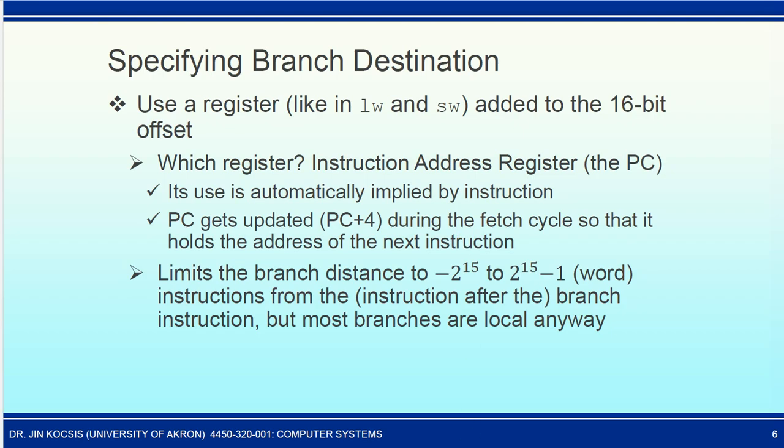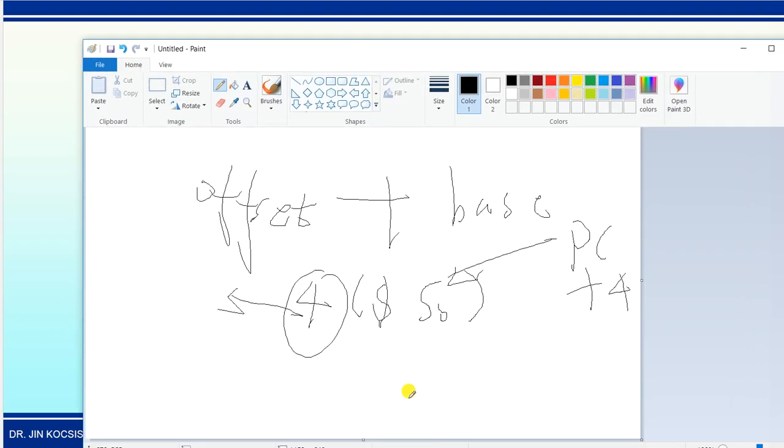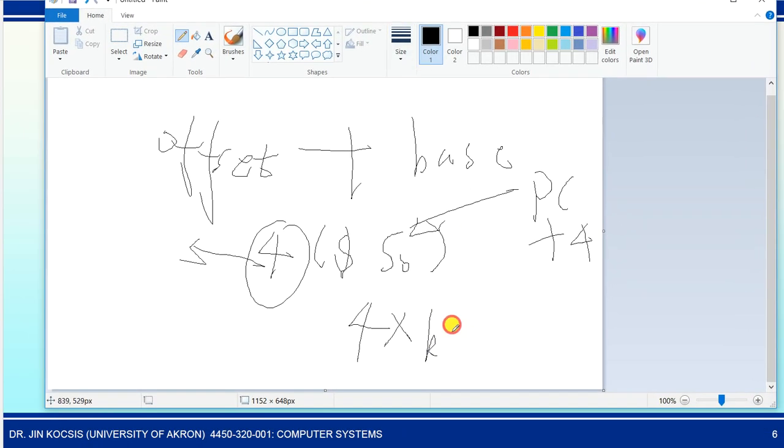And as we mentioned in the last class, because all the instructions here are 32 bits, all the memory addresses of all the instructions will be multiples of 4. And if a decimal value is a multiple of 4, in the binary representation all the memory addresses will have 2 zeros at the end.